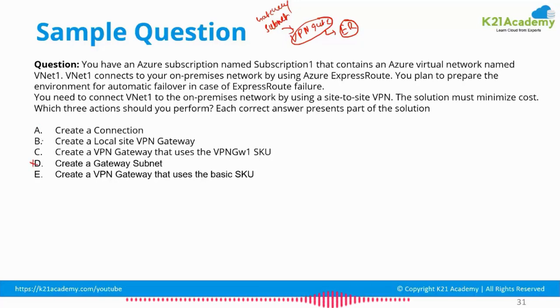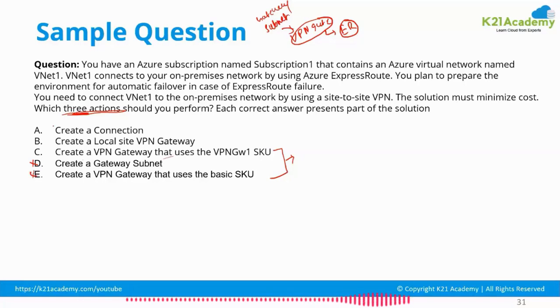So you have options A, B, C and E. See what they are asking. They want ExpressRoute as well as site-to-site connectivity. They are talking about both of them coexisting. Well, the Basic SKU is capable of providing coexisting connectivity if ExpressRoute and site-to-site are both there, or the Gateway SKU1 will be the SKU which will be able to provide us that capability.